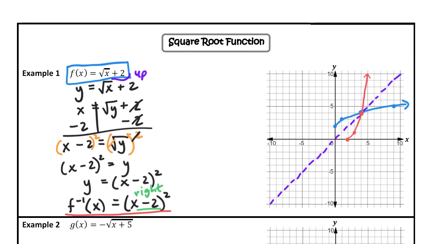I'm going to put comma, x, and again, we only kept from x equals 2 and greater. So I'm going to put x greater than or equal to 2. And so this whole part here is my inverse.